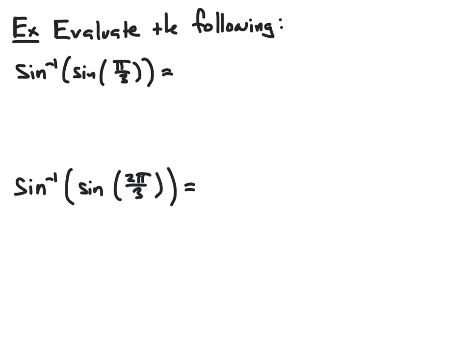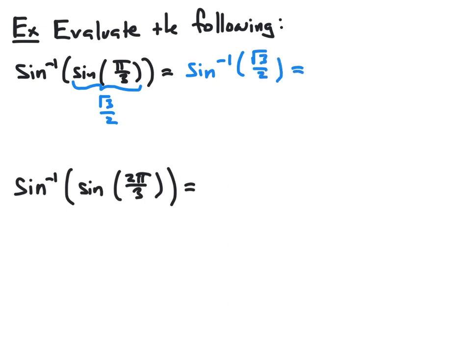For example, in our first one, we have inside the inverse trig function the sine of pi over 3. The sine of pi over 3 is known to be square root of 3 over 2, and so we need to compute the inverse sine of the square root of 3 over 2.